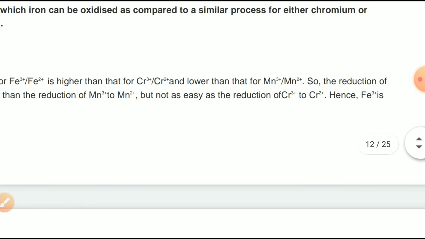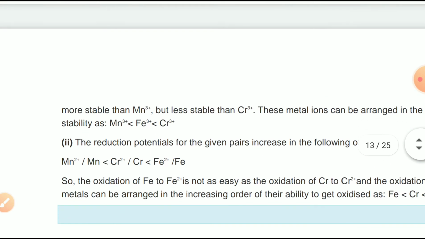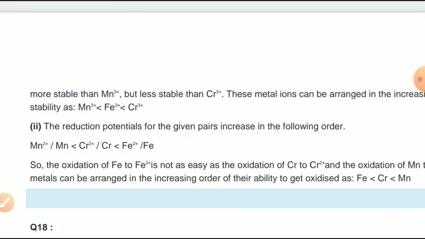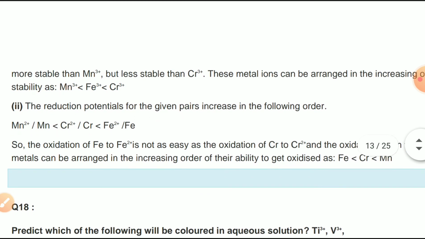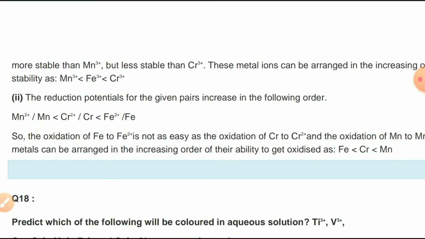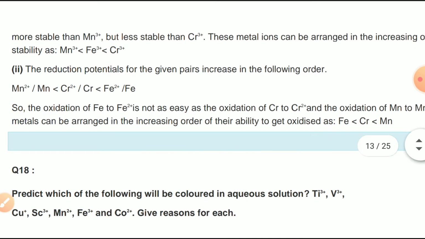Hence, Fe3 positive is more stable than the Mn3 positive, but less stable than Cr3 positive. These metal ions can be arranged in increasing stability as Mn3 positive, then Fe3 positive, then Cr3 positive. The reduction potential for the given pairs increases in the following order: Mn2 positive oblique Mn is less than Cr2 positive oblique Cr is less than Fe2 positive oblique Fe.